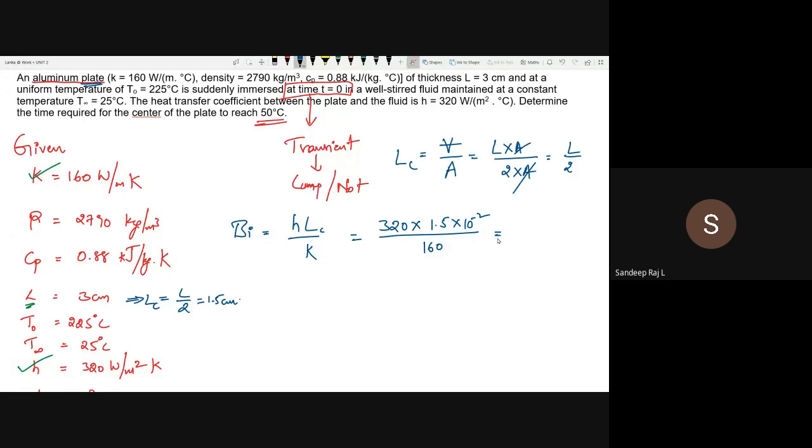Can you please calculate and tell me? 0.003. Good. So this Biot number is less than 0.1. So it can be considered as lump. Lump system is valid.